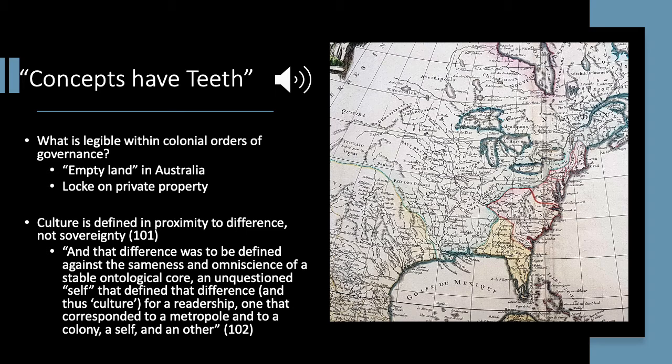And she writes, that difference was to be defined against the sameness and omniscience of a stable ontological core, an unquestioned self that defines difference, and thus culture for a readership, one that corresponds to a metropole and a colony, a self and another. All right, that's a really complicated way of saying European anthropologists were overwhelmingly European, not entirely, yet the way in which anthropologists imagined who they were was in relationship to Europe, in relationship to the colony, the metropole, London or New York or Washington, D.C., right?